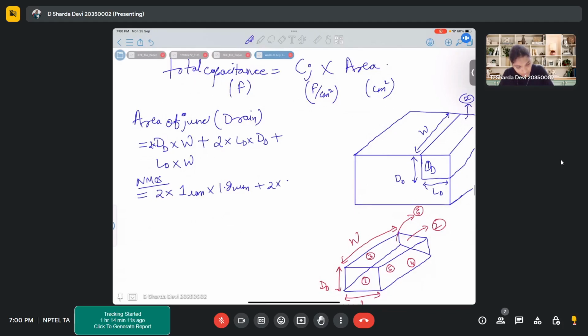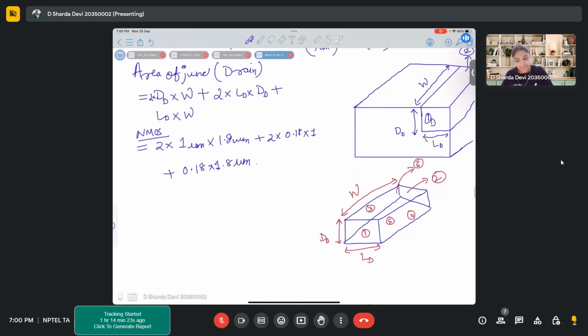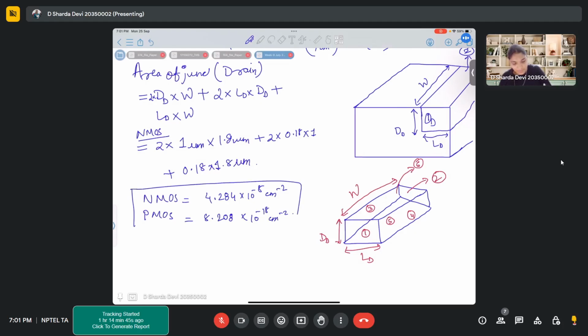Plus 2 times of 0.18 into 1 plus 0.18 into 1.8 micrometers. And similarly, we can write it for PMOS. So for NMOS, the area is 4.284 into 10 to the power minus 8 per centimeter square. And for PMOS, the area is 8.208 into 10 to the power minus 8 per centimeter square.